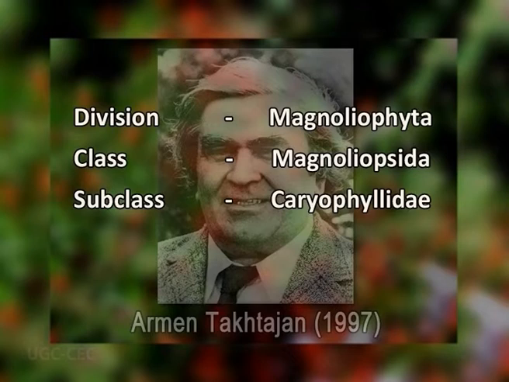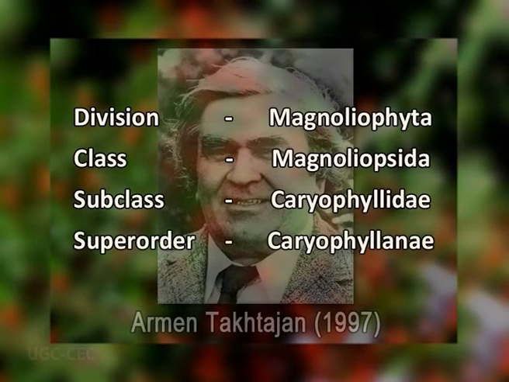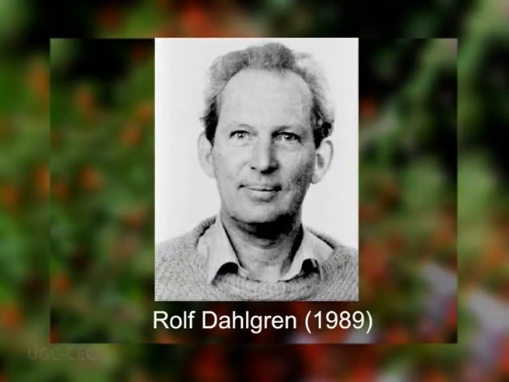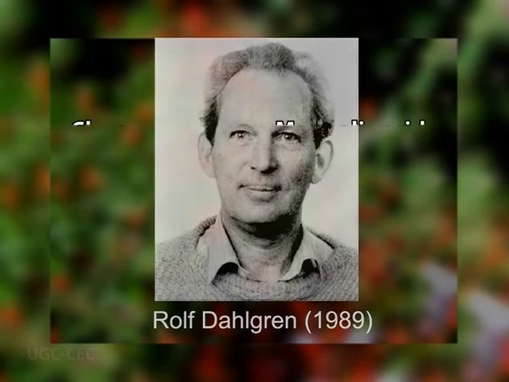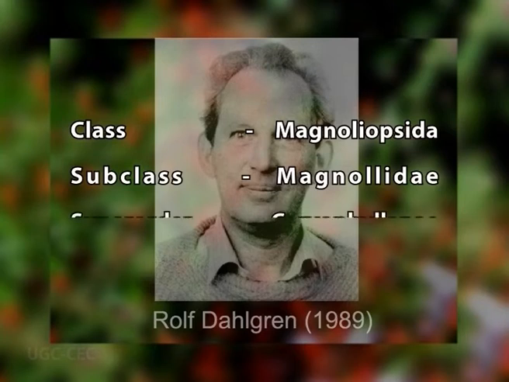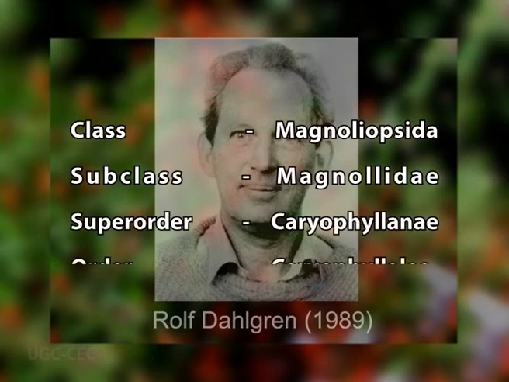He gave it the rank superorder Caryophyllanae, and again the order as in the previous two classifications, Caryophyllales. Dahlgren gave a classification wherein he placed this Amaranthaceae family under the class Magnoliopsida, subclass Magnoliidae, superorder Caryophyllanae, and order Caryophyllales.